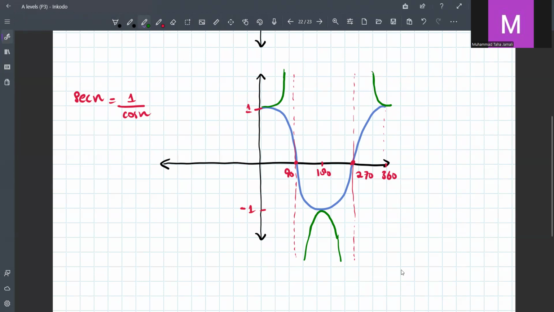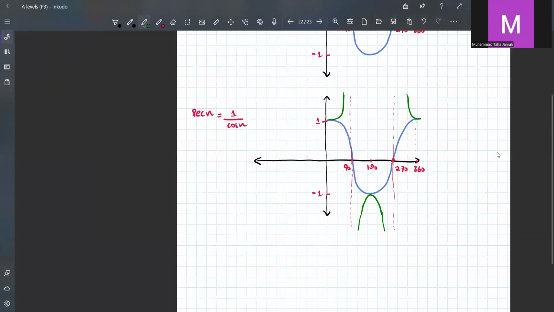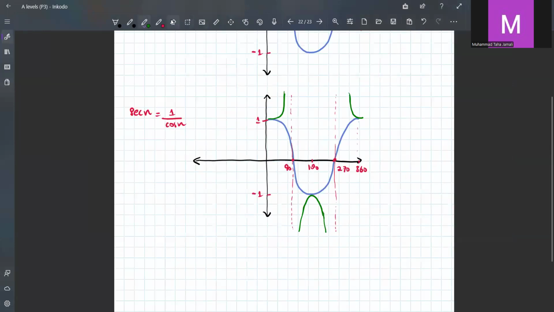These green curves are the graph of sec x. The final version would look something like this.